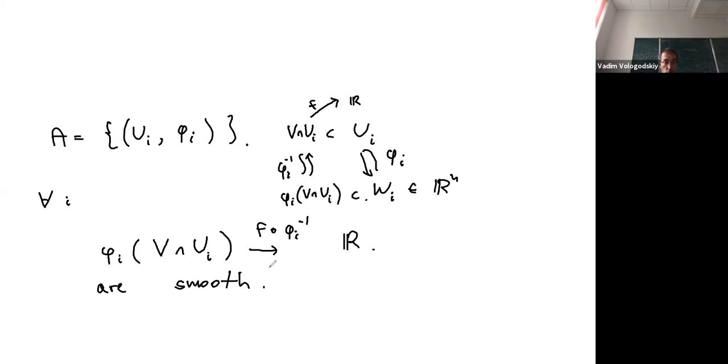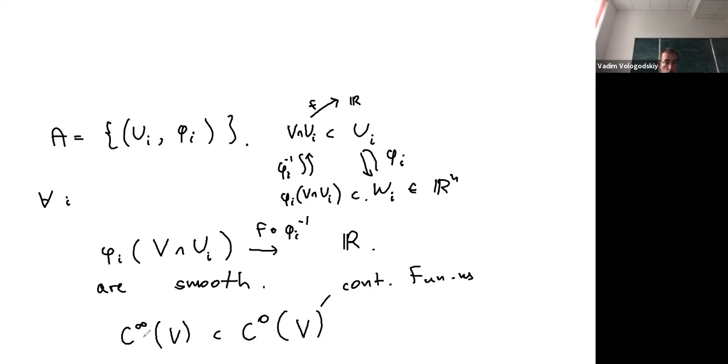So a smooth structure on my manifold M defines a subring, if you wish, in the ring of all continuous functions. This is a notation that I'm going to use for continuous functions, and this is smooth functions.